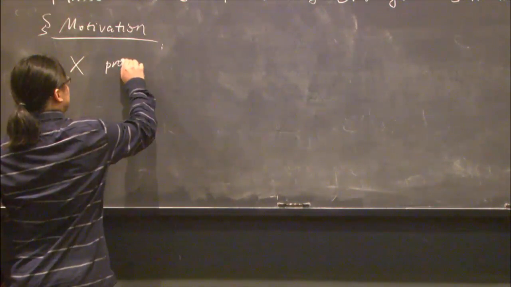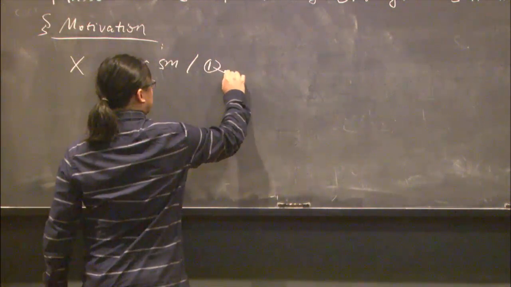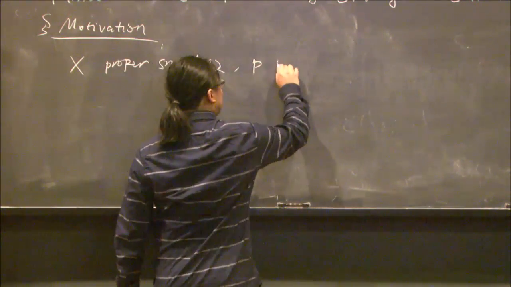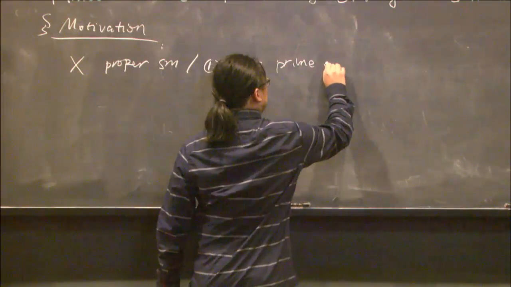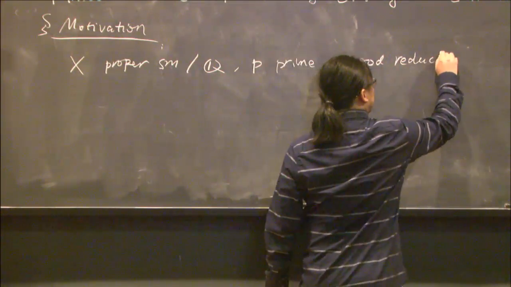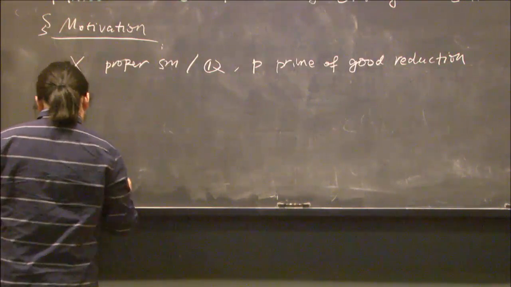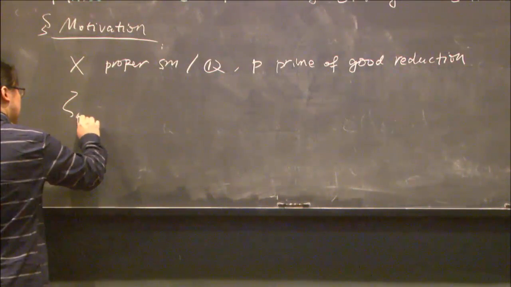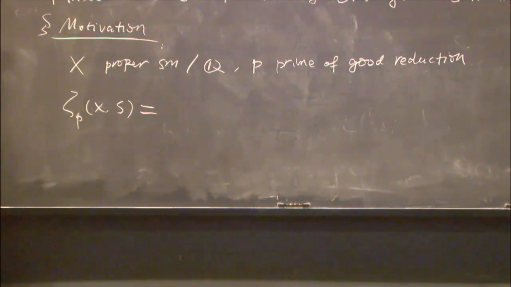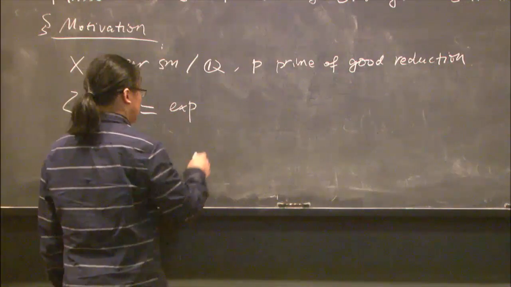If X is a proper smooth variety over a number field, which for simplicity we just say is Q, and if p is a prime of good reduction, in the sense that X has a good model over Z_p, then we can define its zeta factor at p to be the generating series of point counting on the special fiber of X.